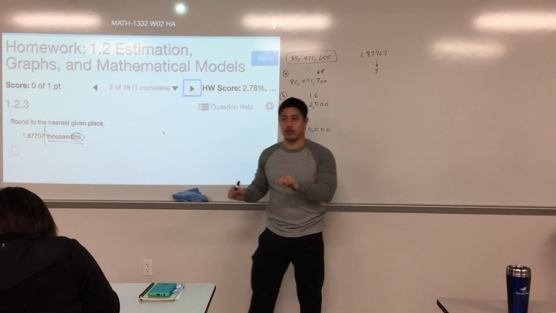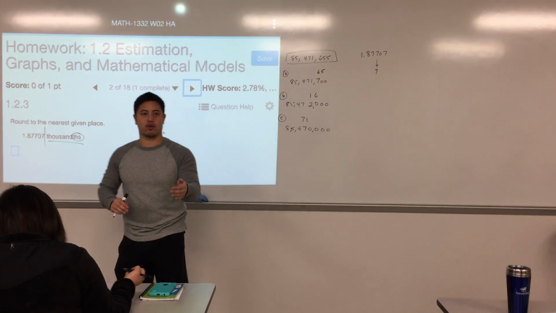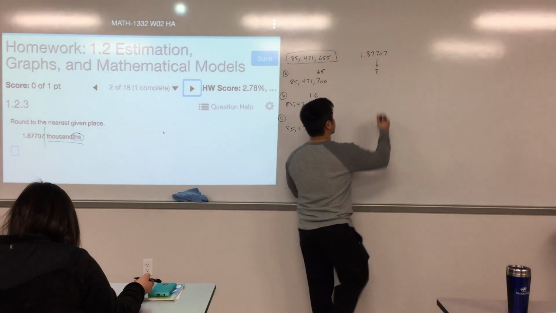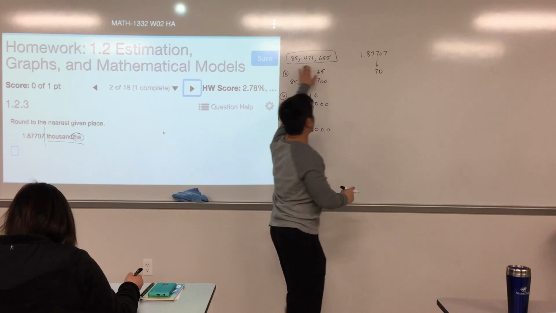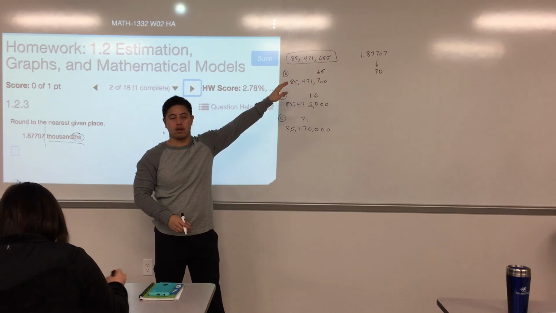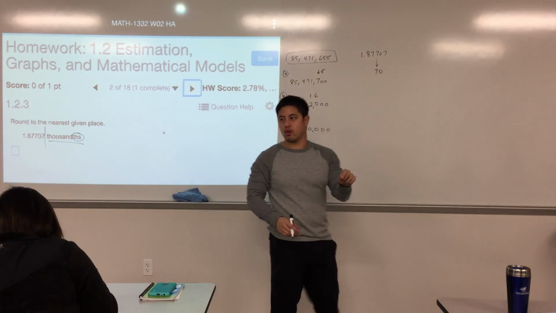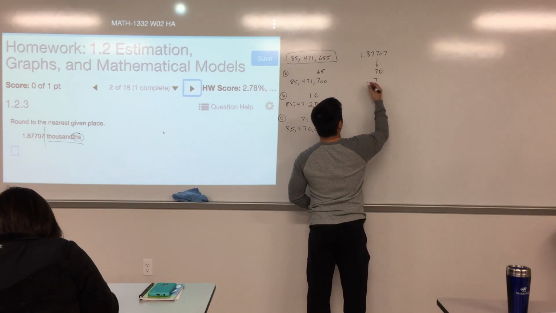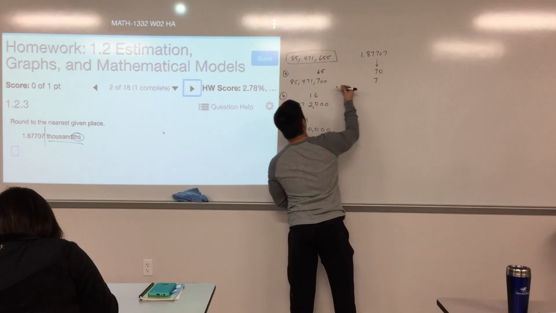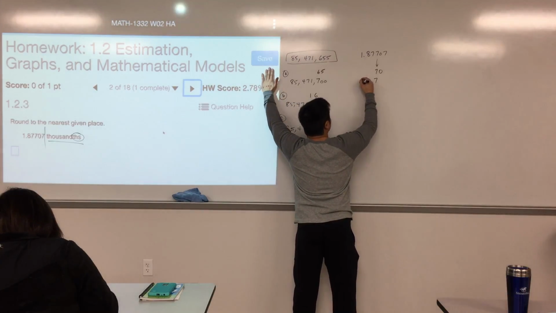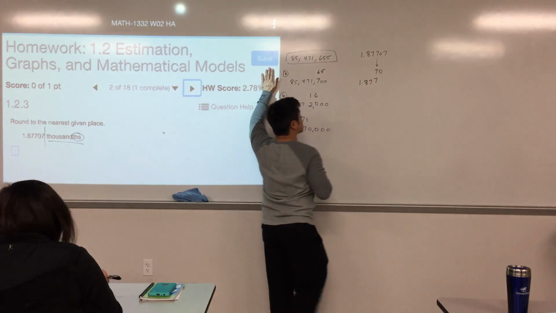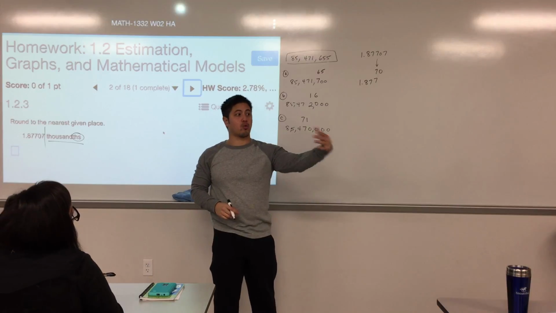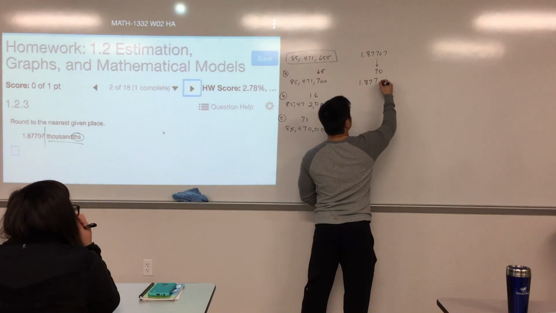Then we follow the same rule, looking directly to the right of it, which is the 0. Is that 7 going to become an 8 or stay a 7? Stay a 7. Everything to the left of it stays the same. Everything to the right of it becomes a 0.